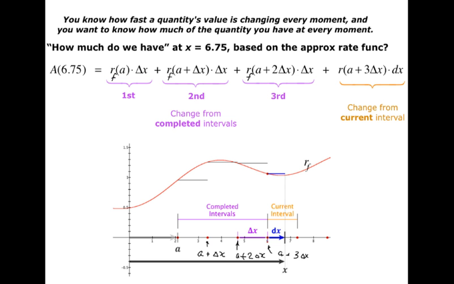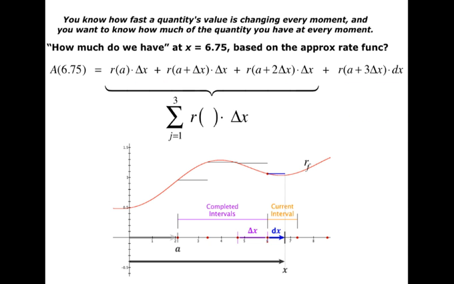All right, so what we want to do then is what? Notice how all these terms for the completed intervals look a lot alike. We're adding a lot of things together that look a lot alike. How can we represent that instead of writing it over and over again? We're going to use the summation notation. It's our friend, not our enemy, not the scary thing.